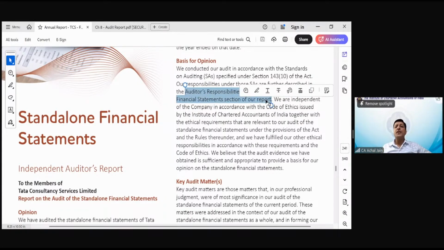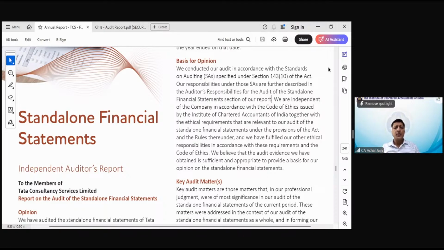Now this is important. If you look at the responsibilities, the auditor is talking about his audit responsibilities over here in the basis for opinion. But he is not explaining them in detail.